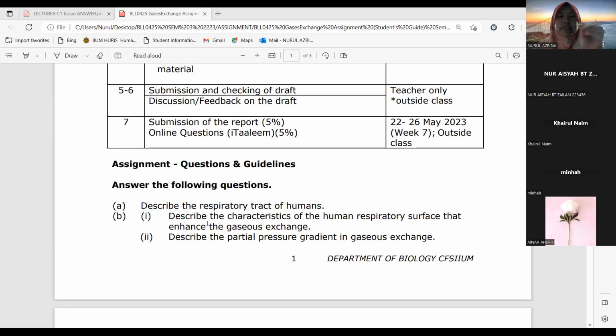Dia cerita respiratory surface gini. Anak nombor 2, what is characteristic of respiratory surface. Nampak tak? Maknanya instead of tulis soalan, jawapan, you susunkan dia dalam bentuk yang lebih cantik so that it is more understandable to be read. So bila baca, Madam tahu, oh okay, ni jawab soalan 2A, ni jawab soalan 2B and so on.